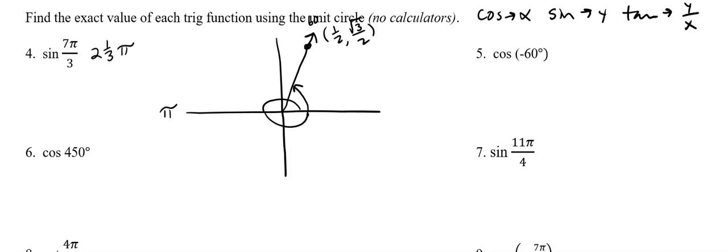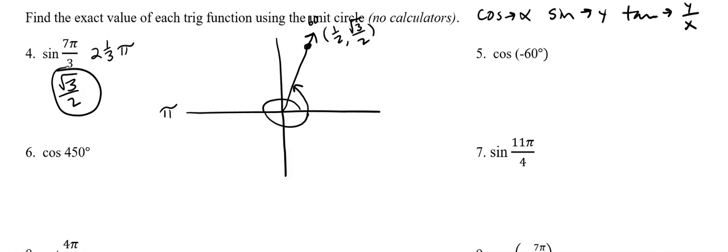Well, this is asking for sine, so we know what angle, we know what ordered pair to use, so it's simple enough. We just look at the y-coordinate of that ordered pair, and that's going to be our answer. So the answer for number 4 is the square root of 3 over 2.